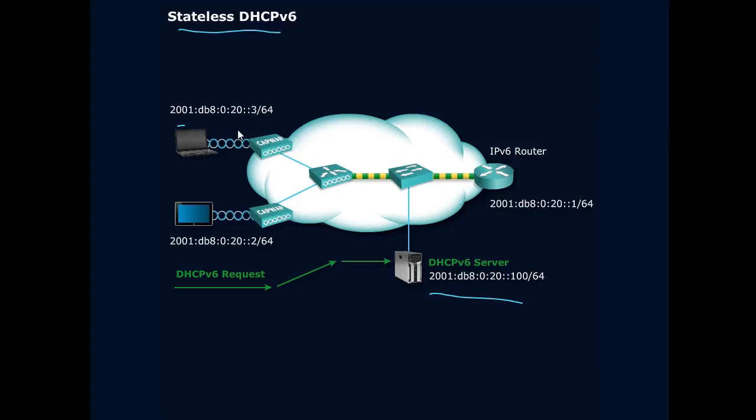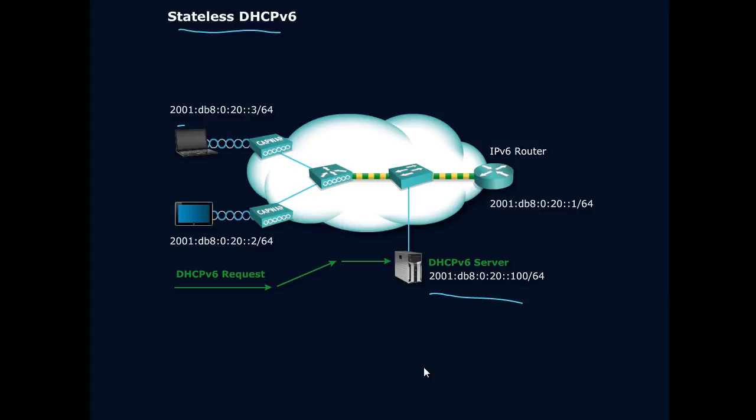Now, if we use SLAAC, there's really no need for this setup, is there? If we're using SLAAC, there's no need for it because we don't need the DHCPv6 server to provide our IP addresses. The clients are going to self-assign based on that initial router advertisement. We learned that in the last slide.